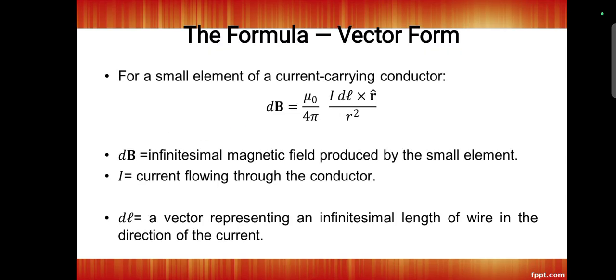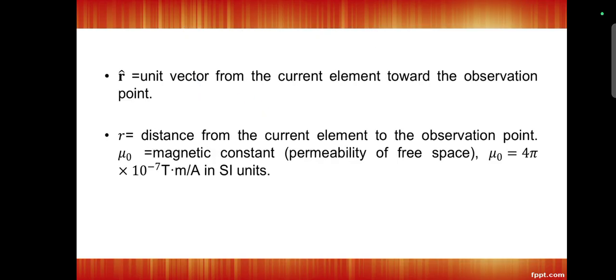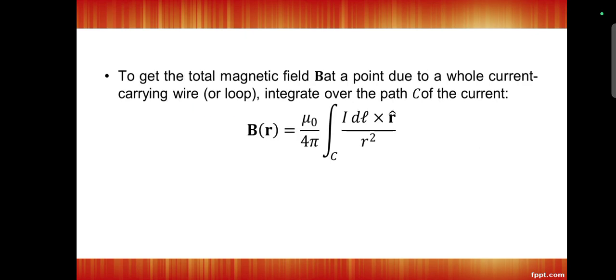It is denoted as dB equal to mu naught divided by 4 pi into I dl cross r cap divided by r square. dB is the infinitesimal magnetic field produced by the small element. I is the current flowing through the conductor. dl is the vector representing an infinitesimal length of the wire in the direction of current. r cap is the unit vector, r vector is the position vector, and r is its magnitude.